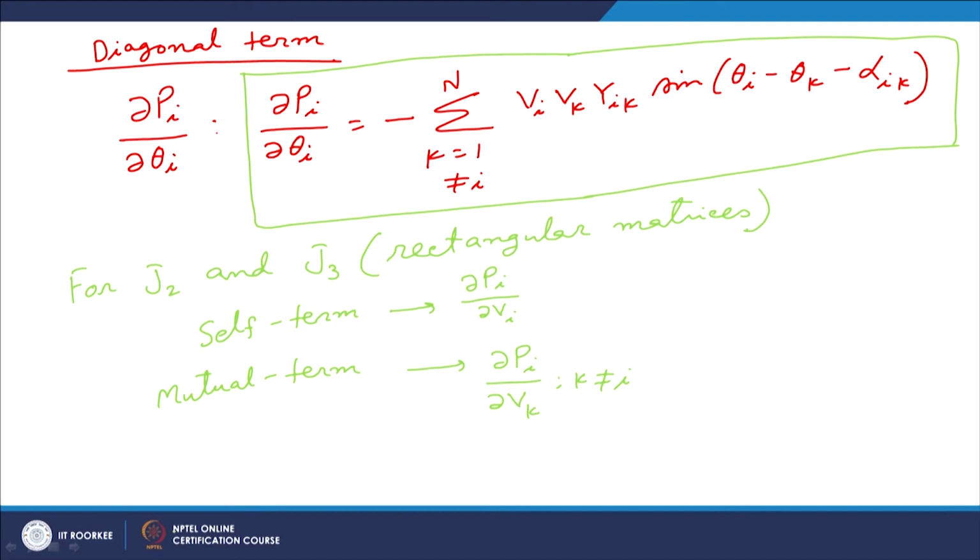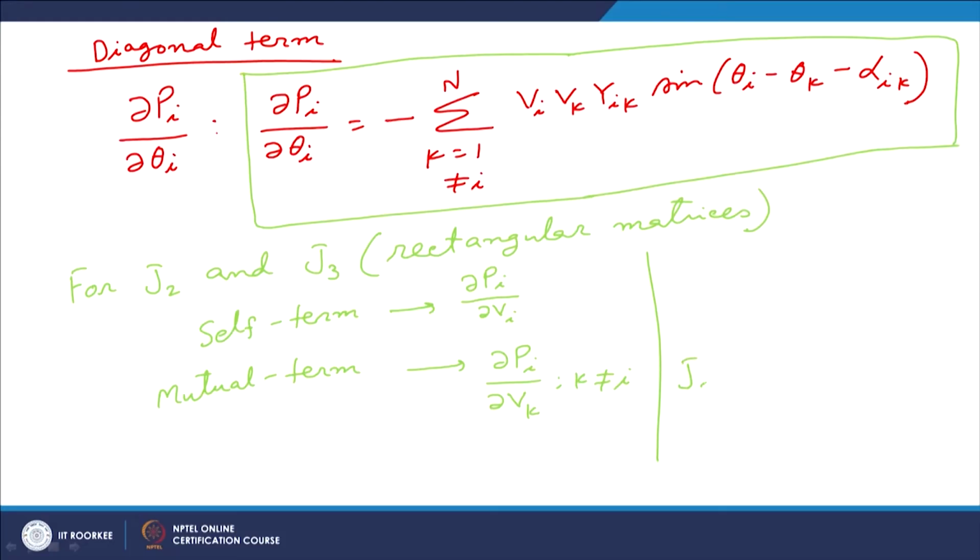Self term means when the expression of Pi is being evaluated with respect to the voltage at its own bus, and mutual term is when the partial derivative of the expression of Pi is taken with respect to the voltage of some other bus.